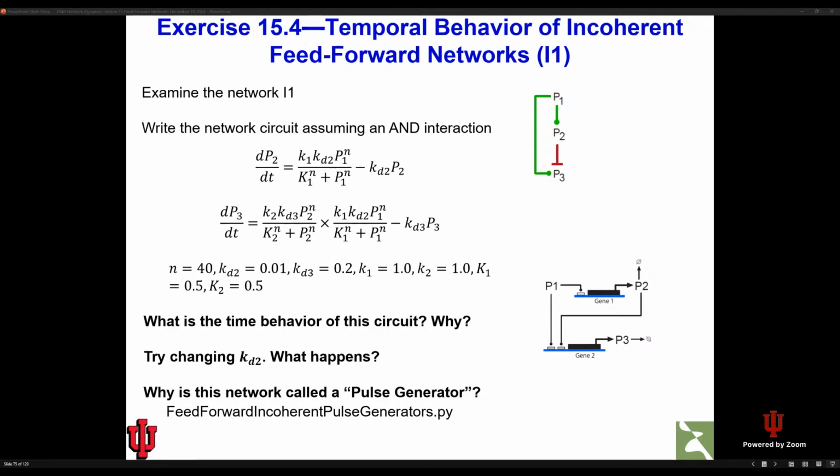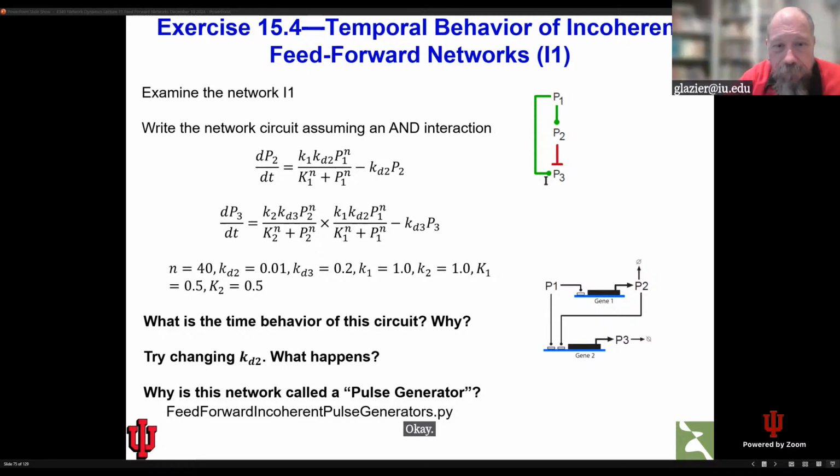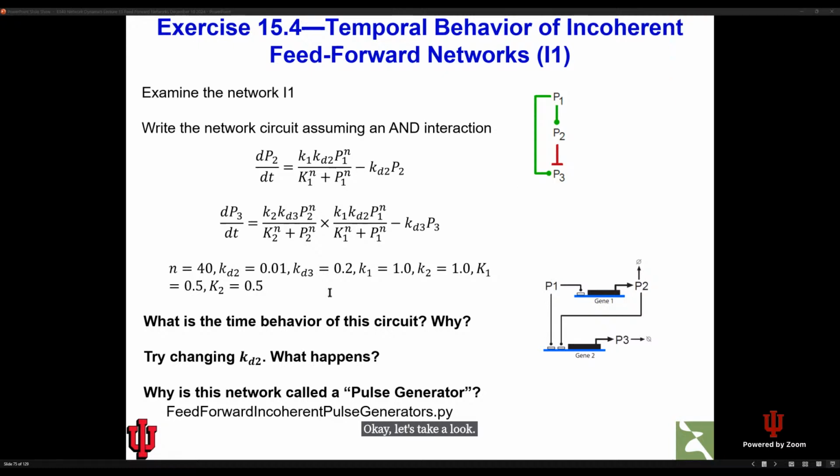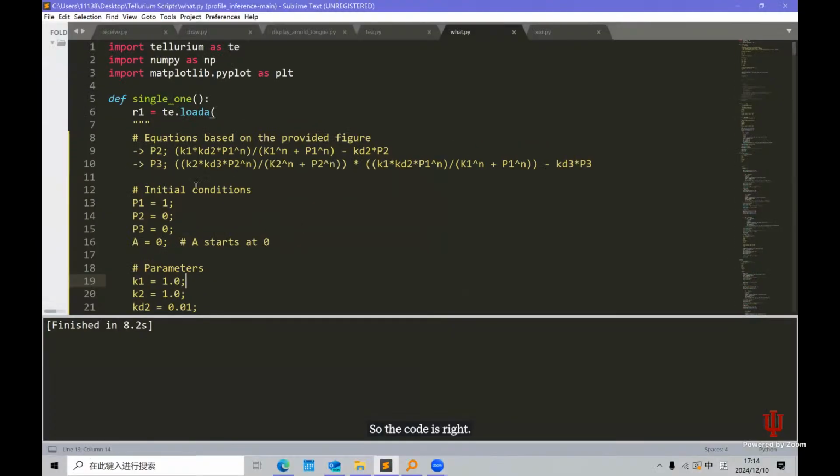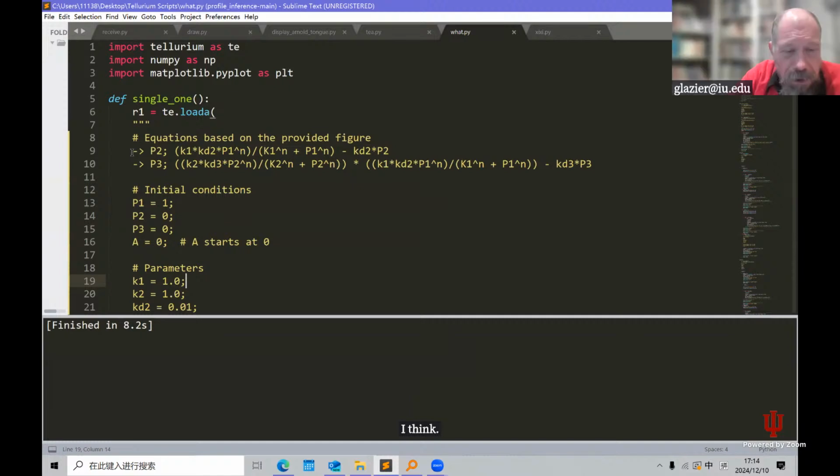Yeah, I can share the screen, but I don't see the plots. Okay, let's take a look. So the code is right, I think. Okay, so let's just see what happens to P1 and P2 and P3. Let's plot. Let's see the time series.